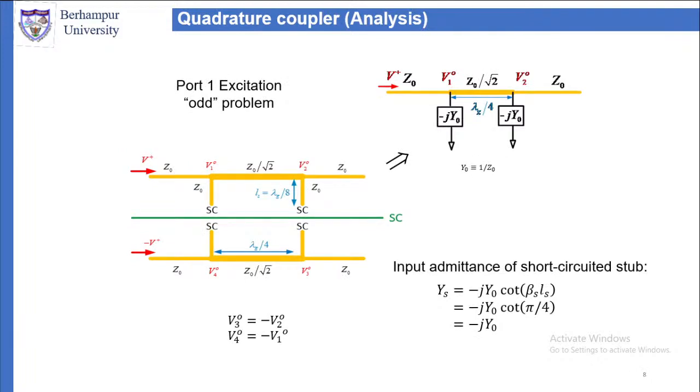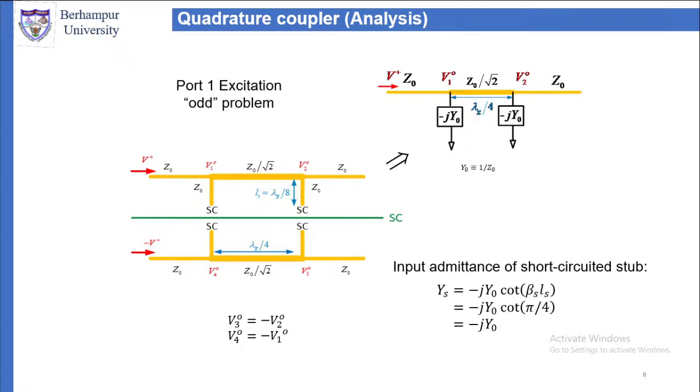Then the odd mode analysis. How are we going to do the odd mode analysis? In the odd mode analysis, at port 1 the input voltage is V plus, but because of odd mode, port 4 will have a voltage which is minus V plus.